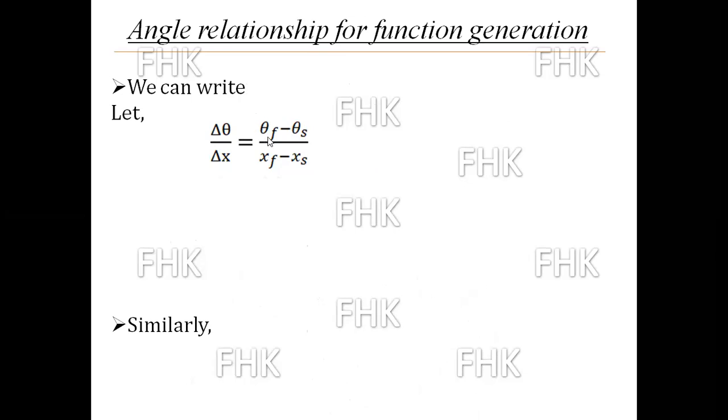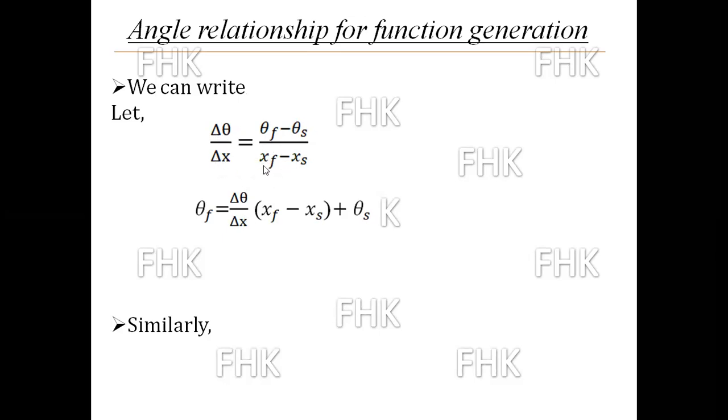Okay, now we have to find out theta at final position, theta final. So what I do here, I will take the cross multiplication. So theta final is equal to delta theta divided by delta x into xf minus xs.